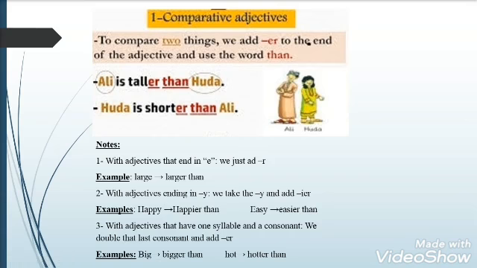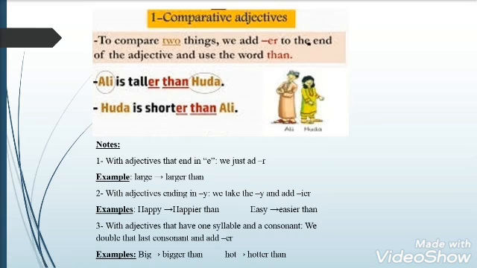ال adjectives that have one syllable and a consonant. We double the last consonant and add ER. يعني ايه الكلام ده؟ لو عندي صفة تحتوي على مقطع واحد واخره vowel letter وبعديه حرف ساكن، بعمل ايه؟ زي كلمة big، آخرها I وبعديها G consonant. الكلمة كم مقطع؟ big one syllable, right?